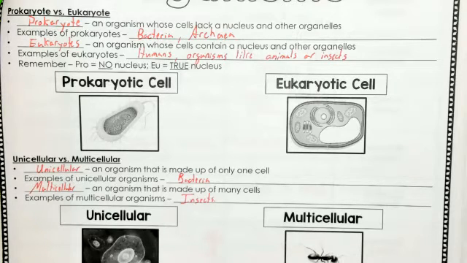If you're asexual, meaning you don't have to produce an offspring with a mate, you can produce an offspring all by yourself. If you're asexual, you're more likely to be unicellular or have a very simple cellular makeup. But we have cells in our entire body, and the more complex you are, you're eukaryotic. Any questions?